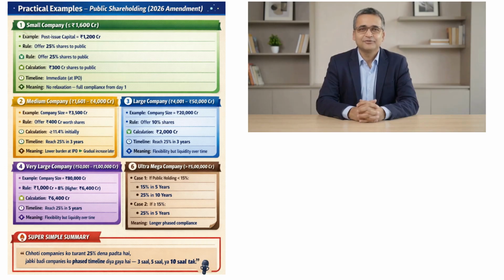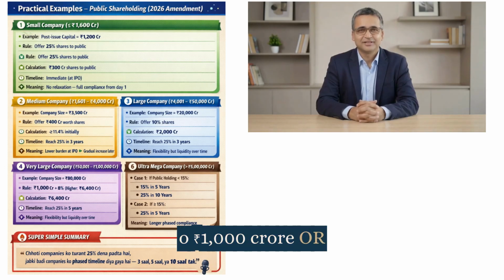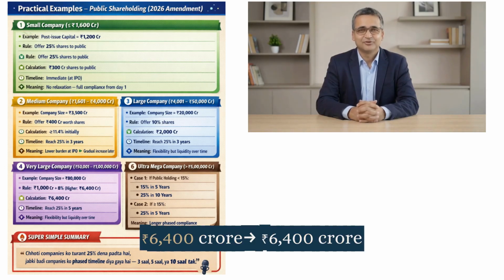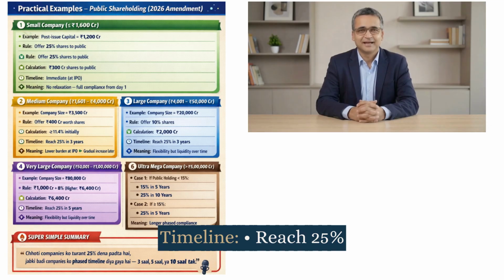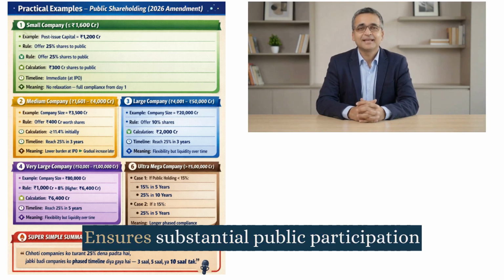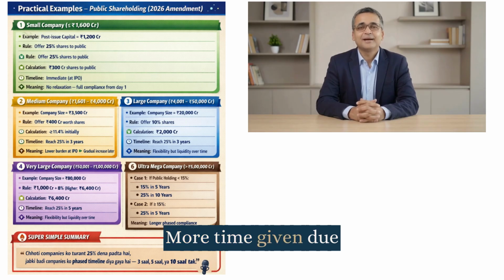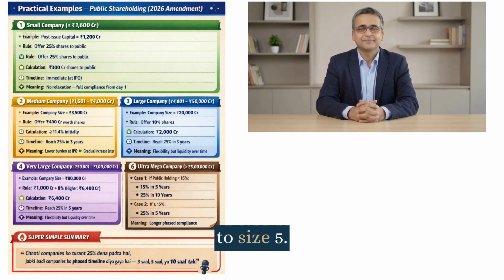So the higher of 1,000 crore rupees or 6,400 crore rupees, which is 6,400 crore rupees. Timeline, reach 25% in 5 years. Meaning, ensure substantial public participation. More time given due to size.